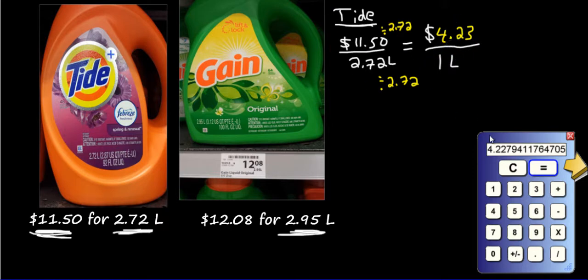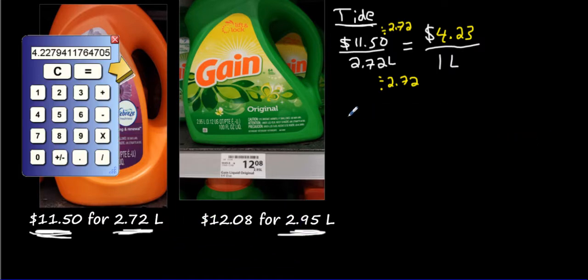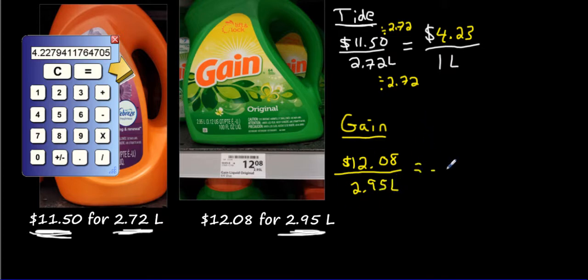Let's quickly do the one for Gain. We will write Gain. And we know our known ratio is $12.08 for 2.95 liters. That's our known ratio. But we want to figure out how much it costs for just 1 liter. That way they will both be 1 liter each.